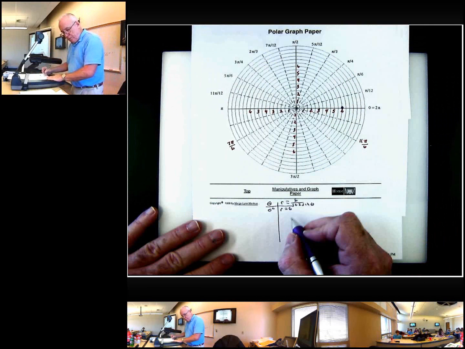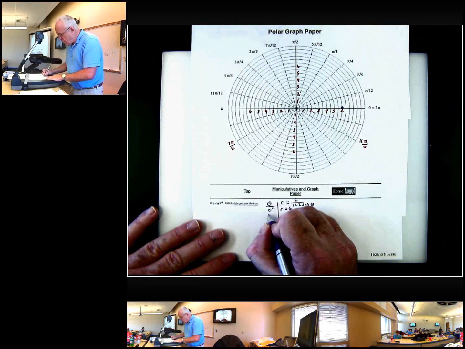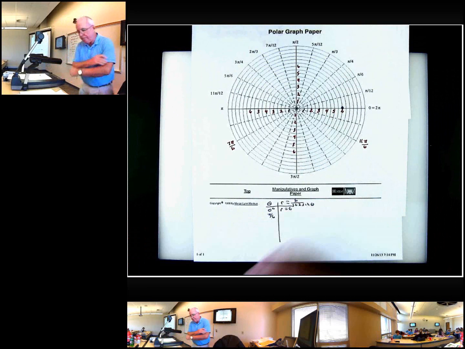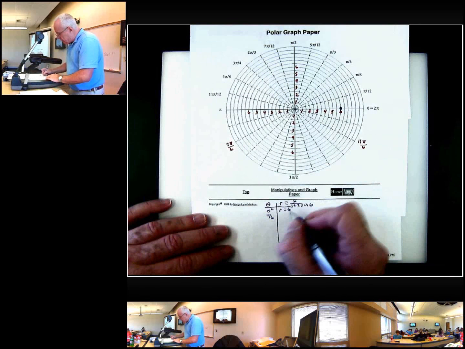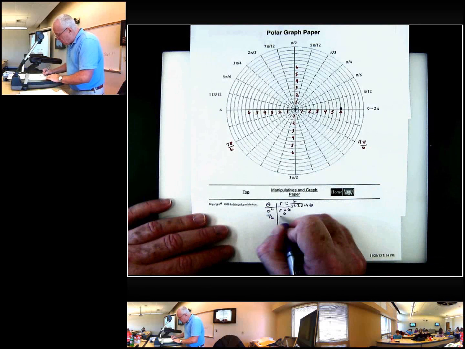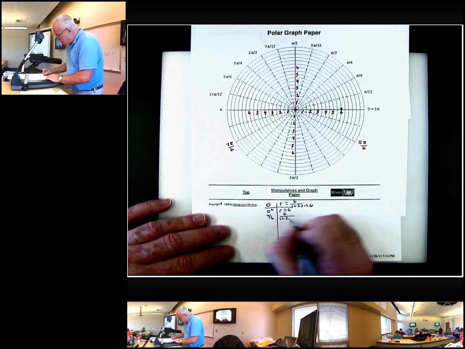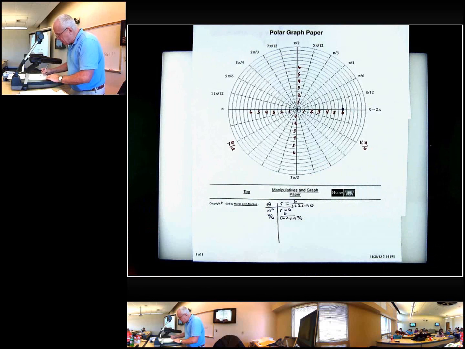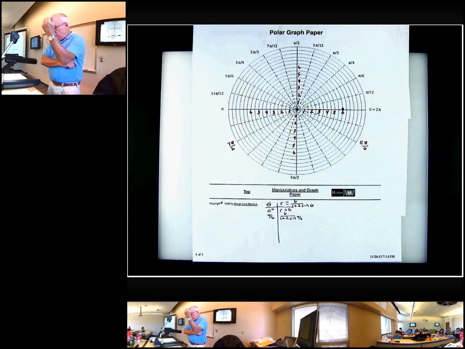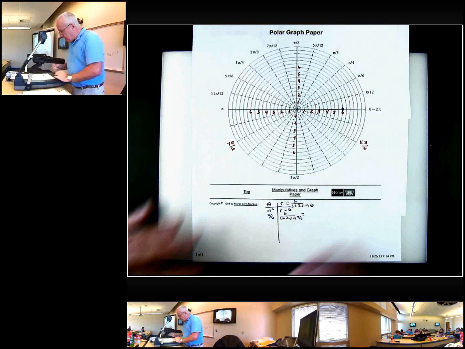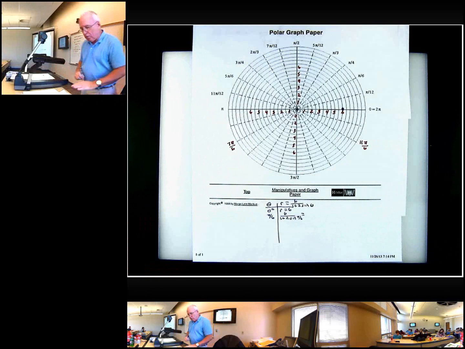Now I'm going to do a few more points with this one. When theta is pi over 6, what do we have for our r? R is going to equal 6 over 1 plus 2 times the sine of pi over 6. What's the sine of 30 degrees? 1 over 2.